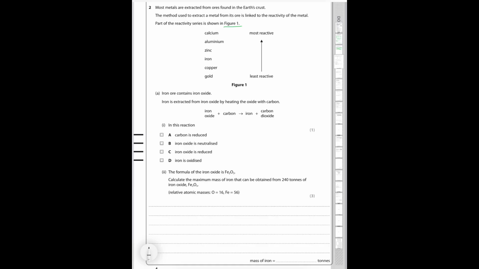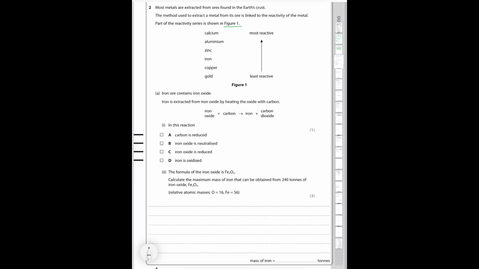So it says in this reaction, we've got to choose from one of the answers. A, carbon is reduced. B, iron oxide is neutralized. C, iron oxide is reduced. Or D, iron is oxidized. Now, if we think about reduction, you've got to remember that the loss of oxygen is reduction. And that's the key to answering this question.